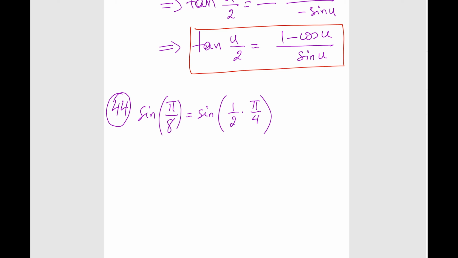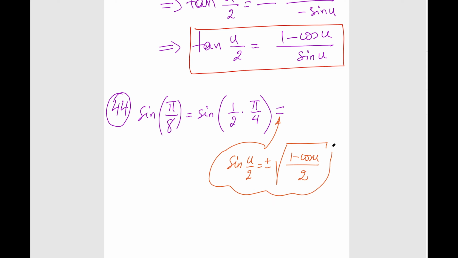And now I'm going to use the half angle formula for sine, which is what? If you go back to the formulas above, sine of u over 2 equals plus or minus, to be defined, square root of 1 minus cosine of u divided by 2, right? And the idea is to determine the sign. Is it plus or minus? We're going to see shortly. So I'm going to apply this.